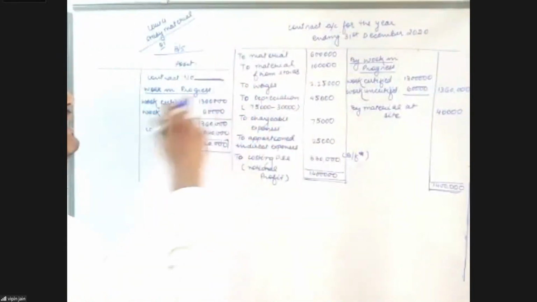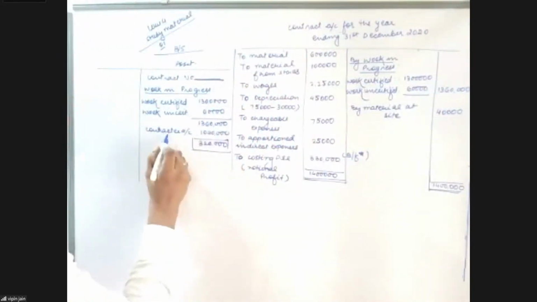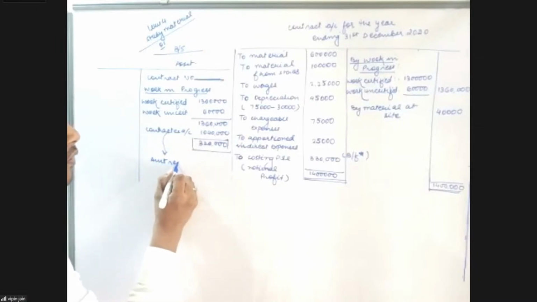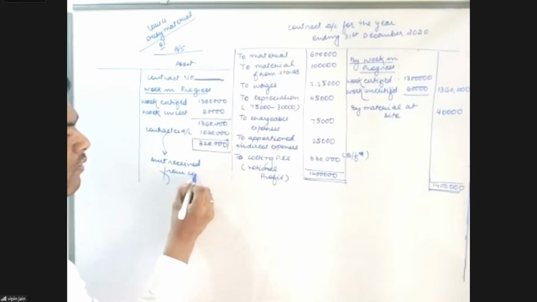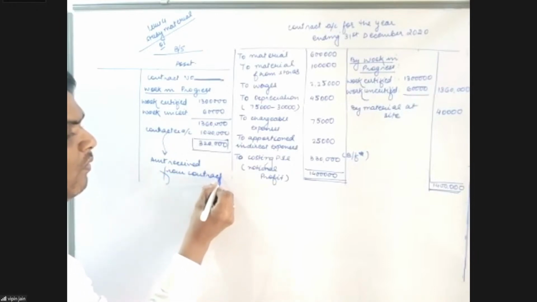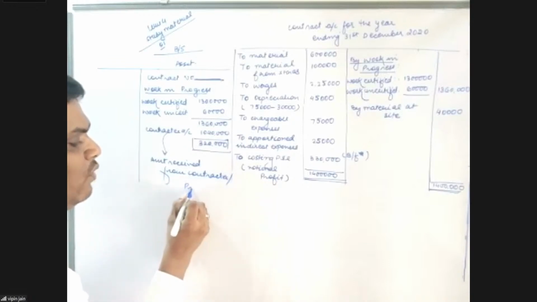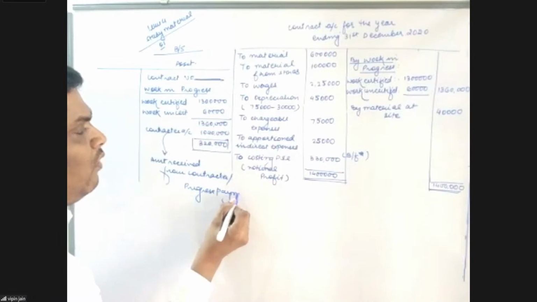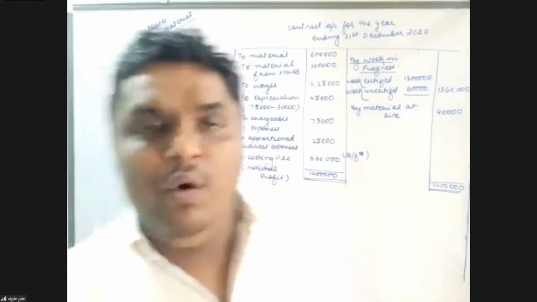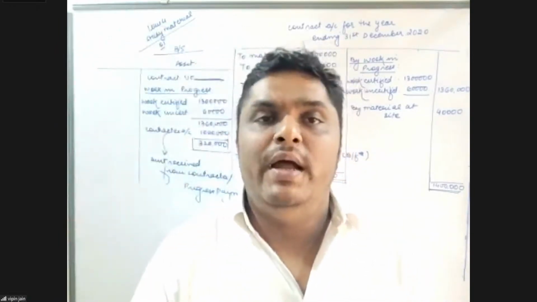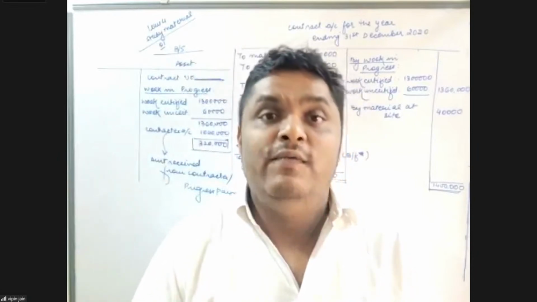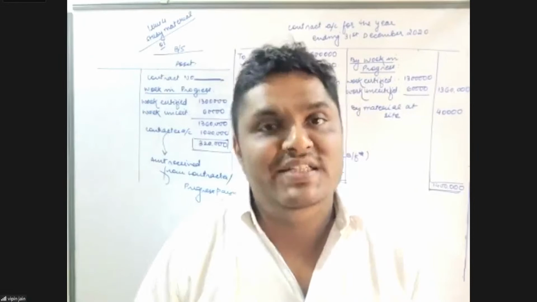Work certified, work uncertified, this amount represents the amount received from the contractee. That is the progress payment. So of the work completed, whatever amount is received will be deducted. The remaining amount will be shown in our assets, representing the work that is completed and the payment is not received.